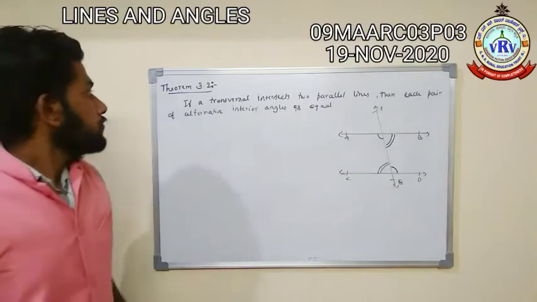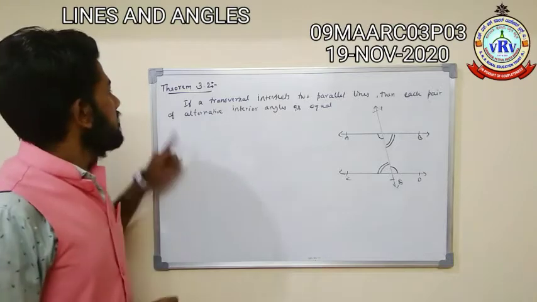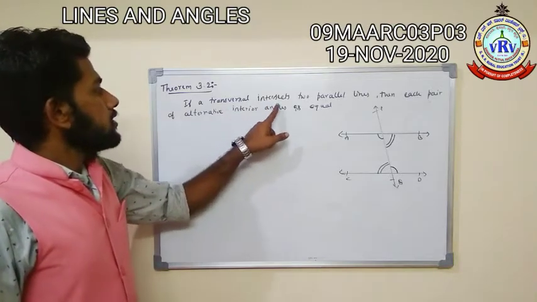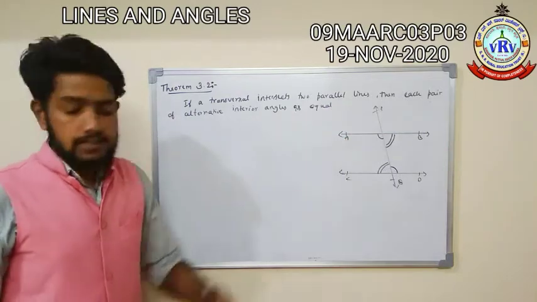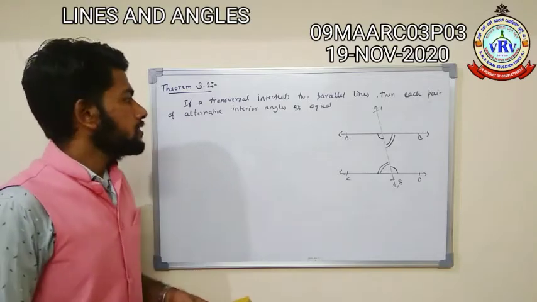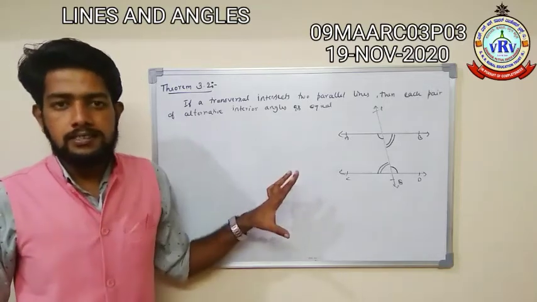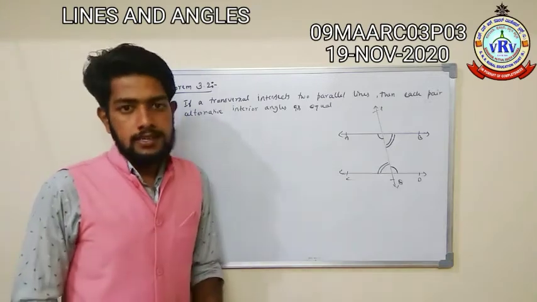Okay. The first theorem based on two parallel lines and a transversal is: if a transversal intersects two parallel lines, then each pair of alternate interior angles is equal. As you saw in the previous figure, the alternate angles are equal if two parallel lines are there and one transversal passes through them. We will prove it theoretically.